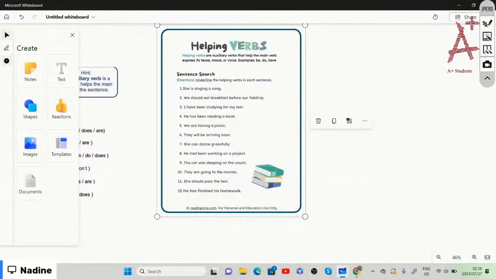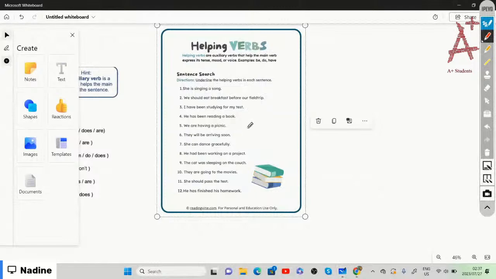She is singing a song. We need to underline the helping verb within that sentence. She is singing a song.